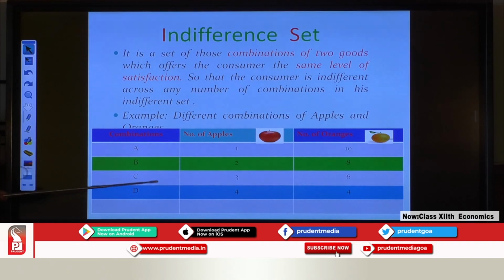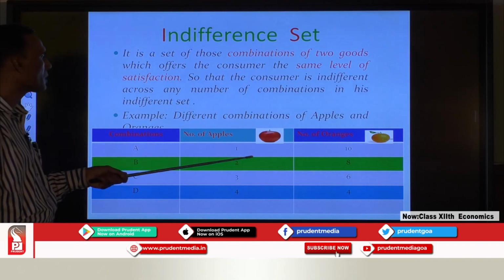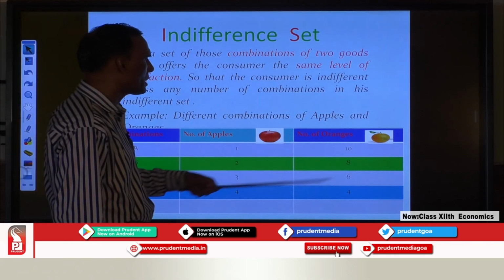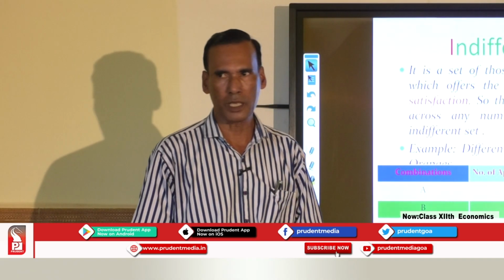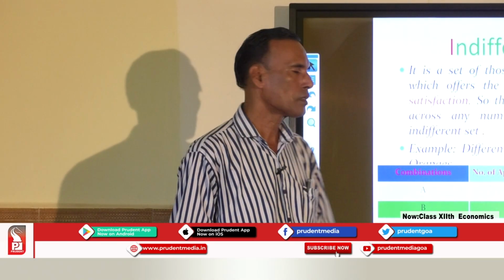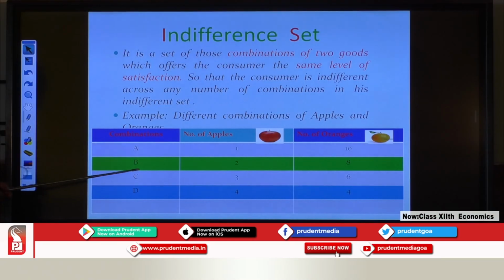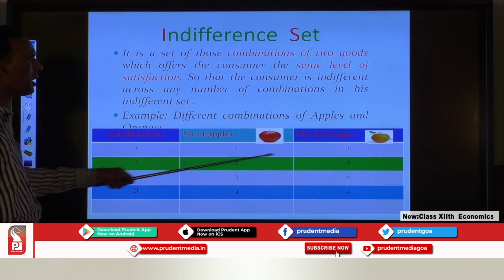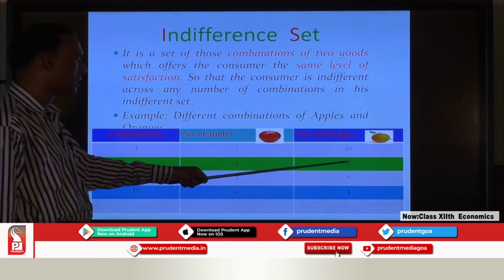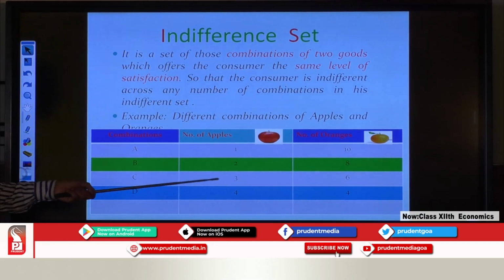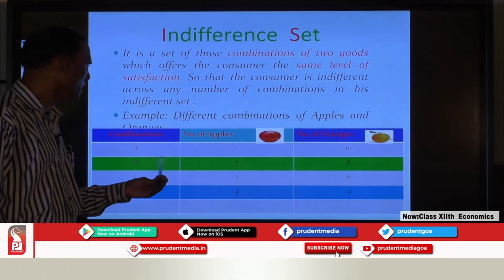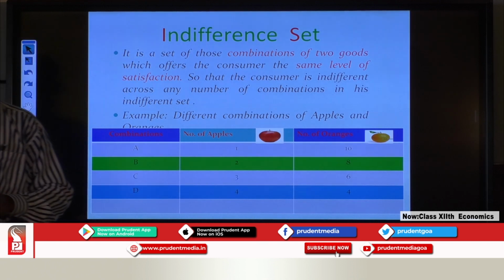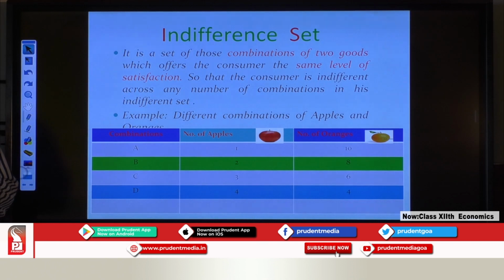Now, combination A: I buy one apple and 10 oranges. It gives me satisfaction. In combination B, I increase my consumption of apples and decrease the consumption of oranges. Combination B, 2 apples and 8 oranges, gives me the same level of satisfaction.